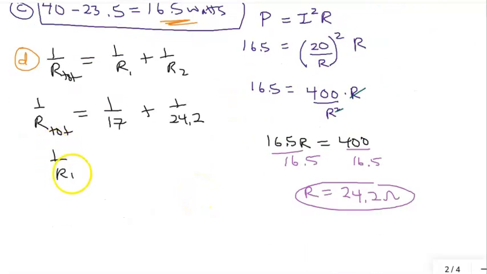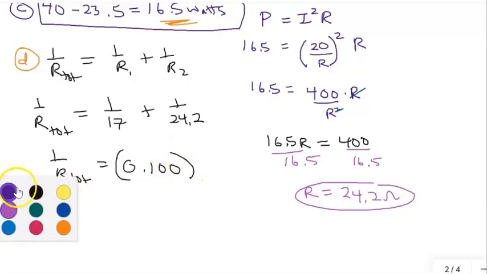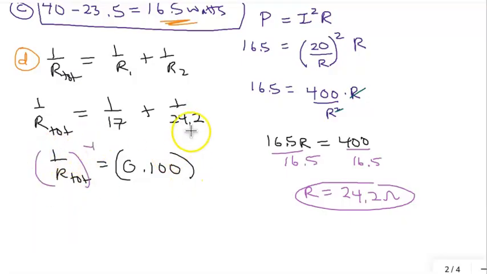So 1 over R total equals 0.100. That is not your answer. That's the inverse of your answer. So we're going to take the inverse of both of these to get R total. So you can just raise this to the -1. Your calculator might also have an inverse option.